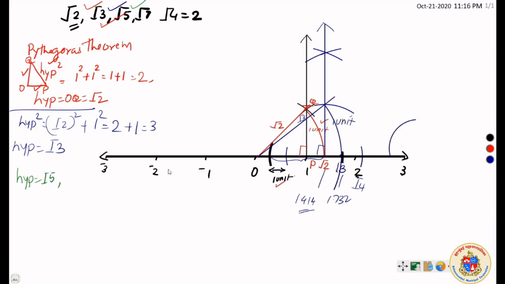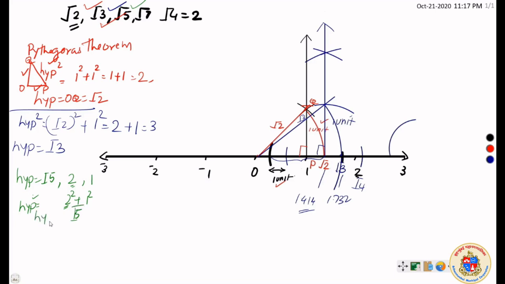So the technique is that if you take one side of the triangle as 2 and the other as 1, this will become 2 square plus 1 square, which will be equal to 5. So how to get one side as 2, which is quite easy for us because 2 is already there on the number line. 1 unit is also there on the number line. So drawing root 5 has become comparatively easy, correct?